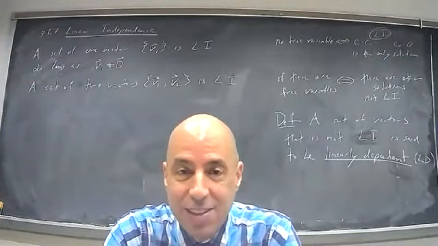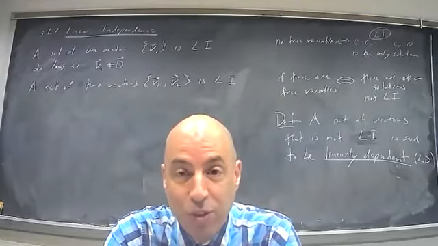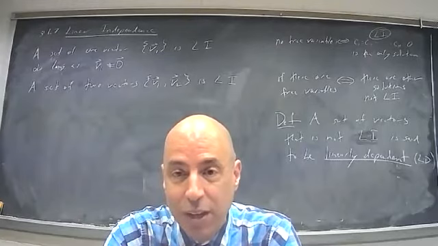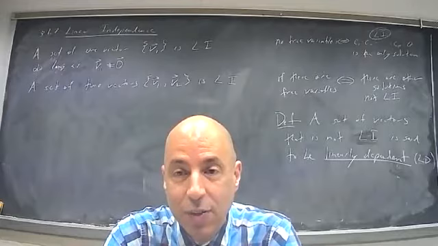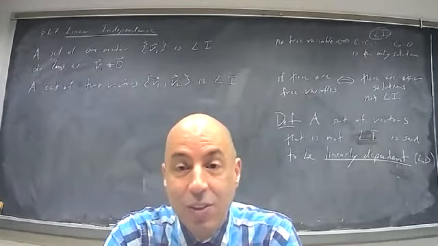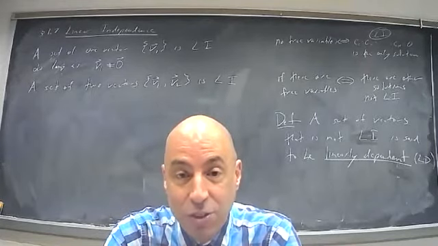Why wasn't that set linearly independent? What was special about those two vectors, graphically speaking, if you were just going to draw them as arrows? Yeah, they're on the same line. They're parallel, right? 2, 4, 6 is just 2 times 1, 2, 3.